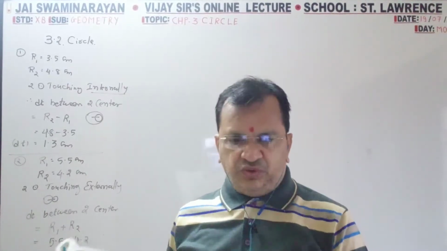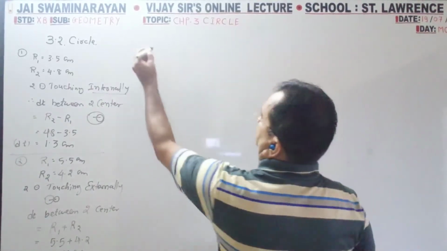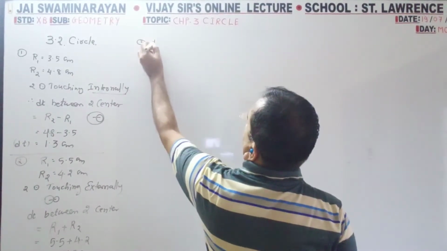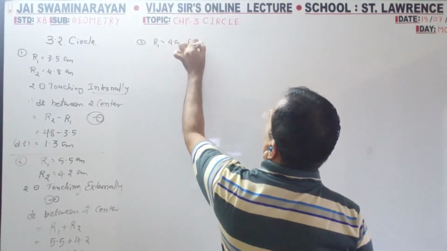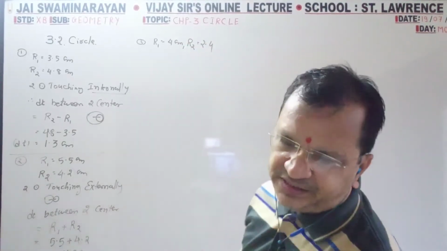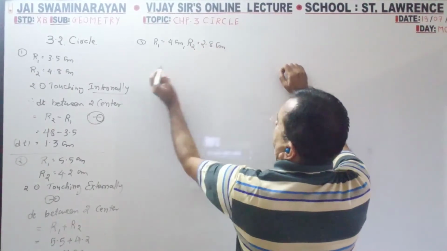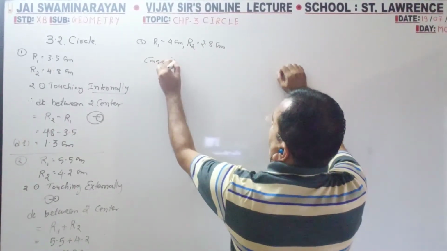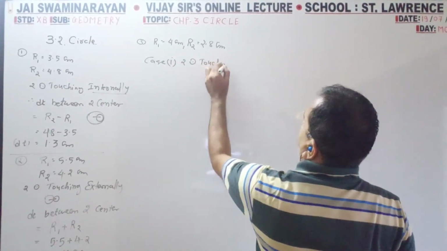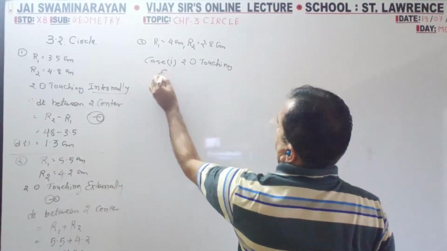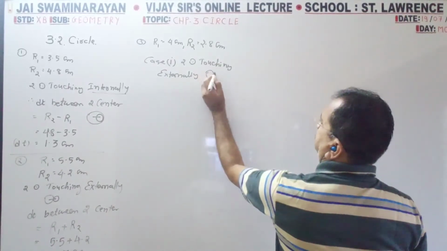Now they have asked both 4 and 2.8. Question number 3. Radius 1 is equal to 4 centimeter. Radius 2 is equal to 2.4 centimeter. Is it 2.8 centimeter? Case number 1: two circles touching externally like this.